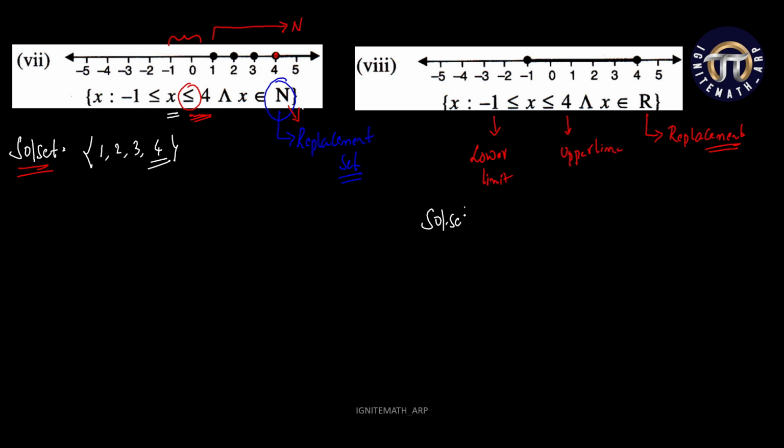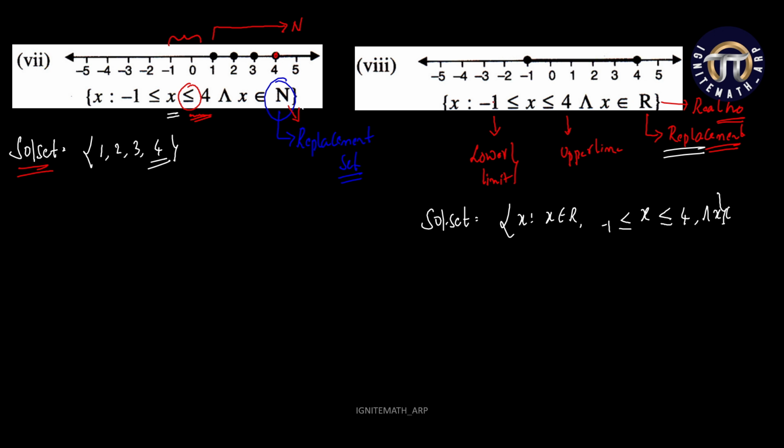I can write the solution set as x such that x belongs to the set of real numbers, x is greater than or equal to -1 and smaller than or equal to 4, for all the values of x belonging to the real numbers. Since the replacement set is the set of real numbers, I will go to the lower limit first.